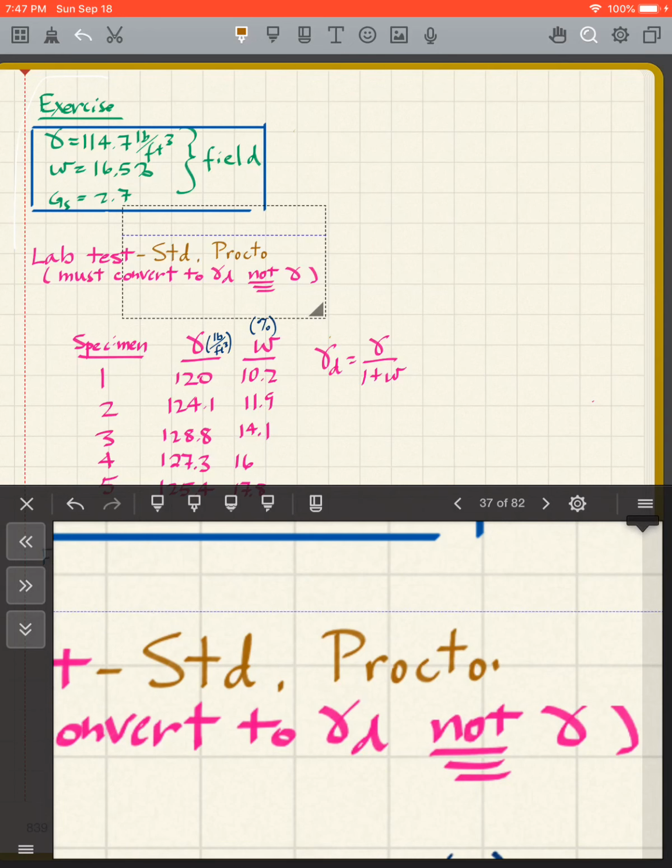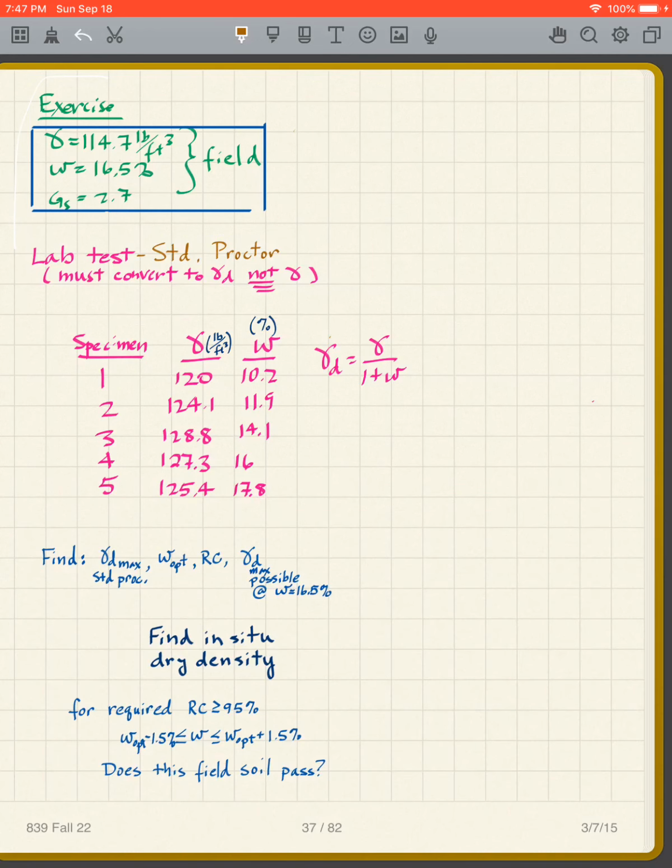And the results are these. We have my gammas and my water contents. Now, what you need to do is find the gamma D, because gamma D is what we plot.